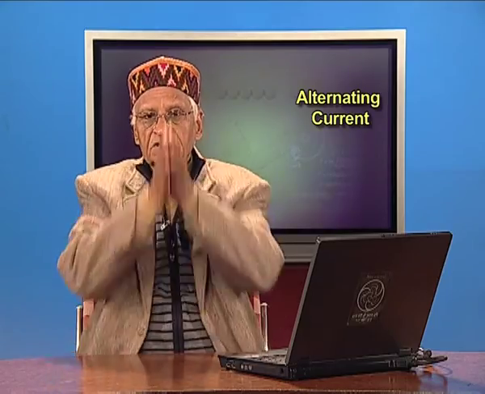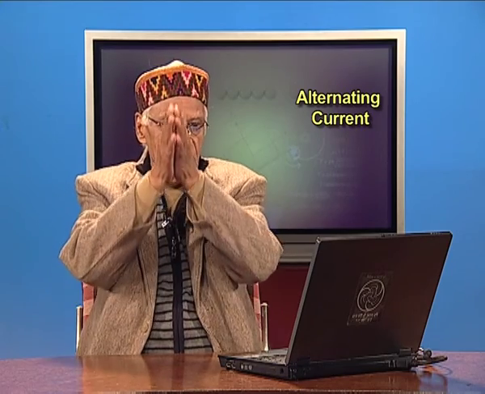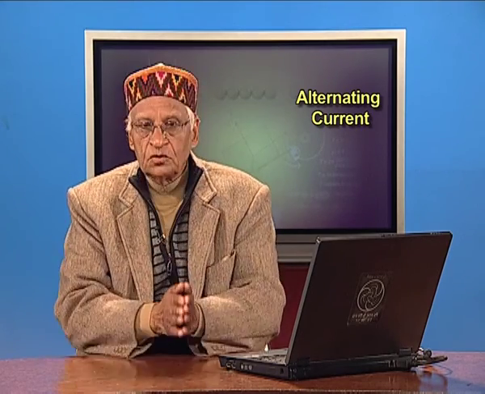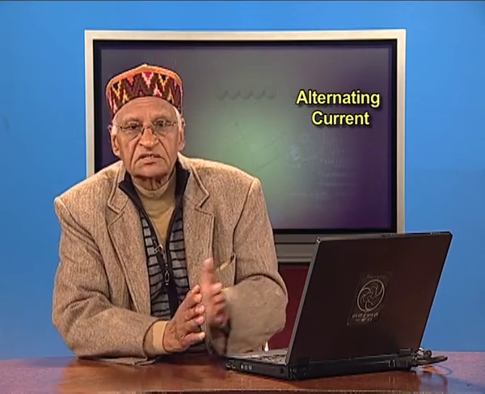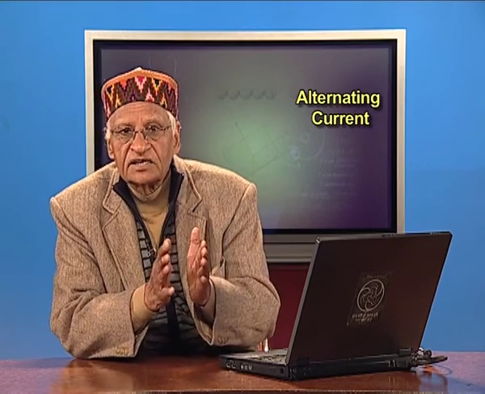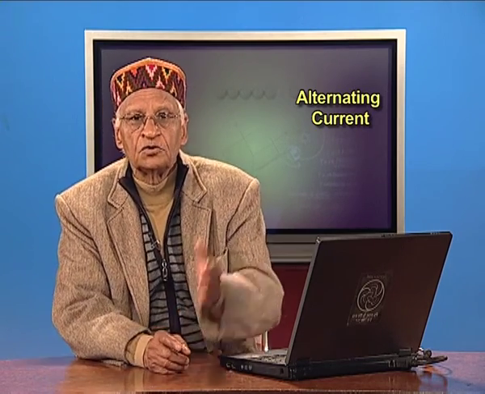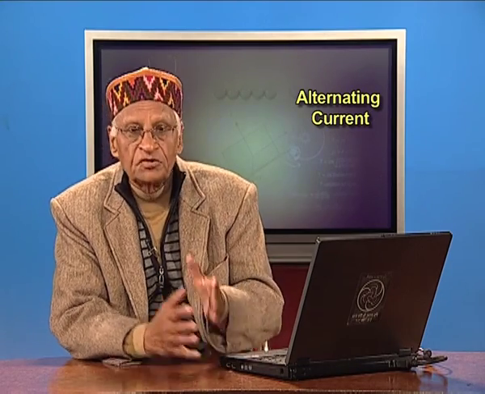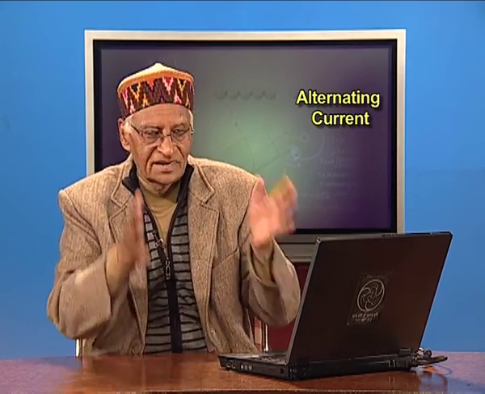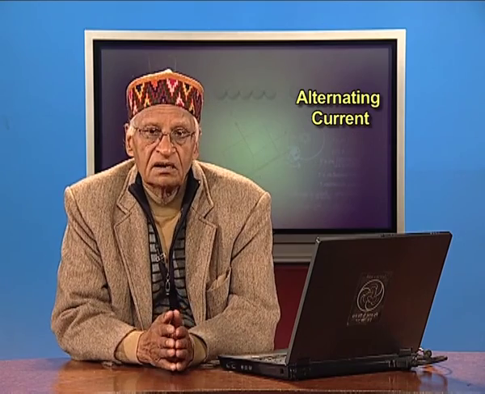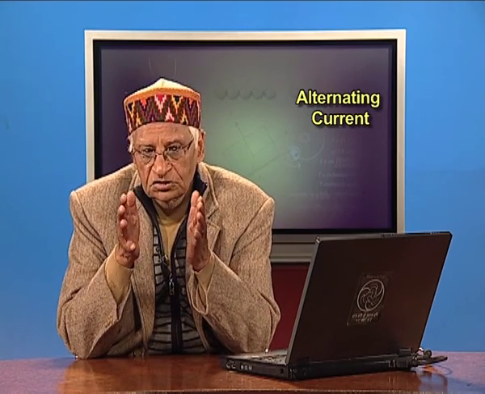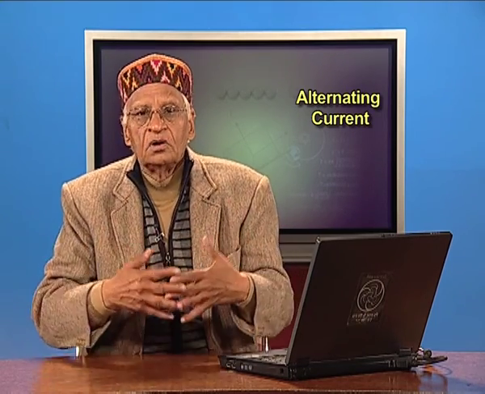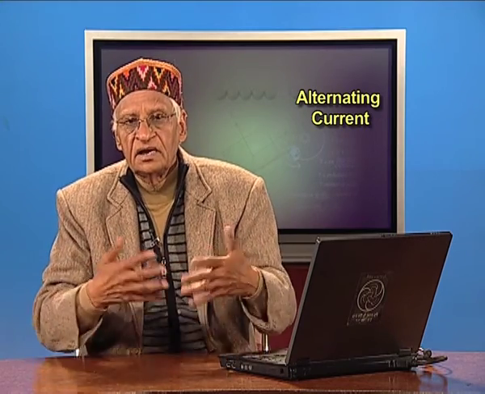So as the current shoots up, the impedance goes down, or the other way around. This happens at resonance when the frequency is equal to the square root of 1 by LC. We will continue with this resonance in the next lecture, and we shall also see how this resonance is used in practice.